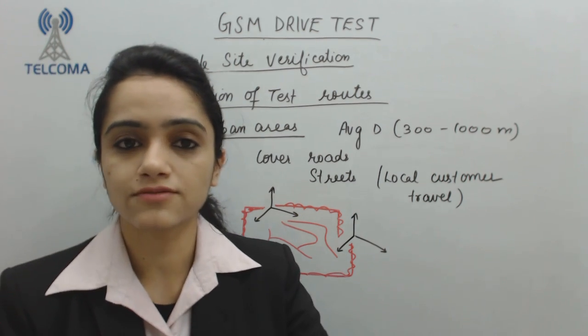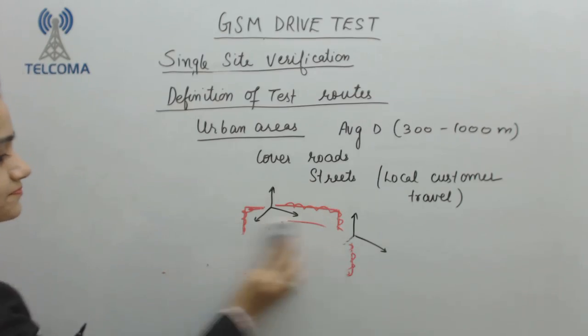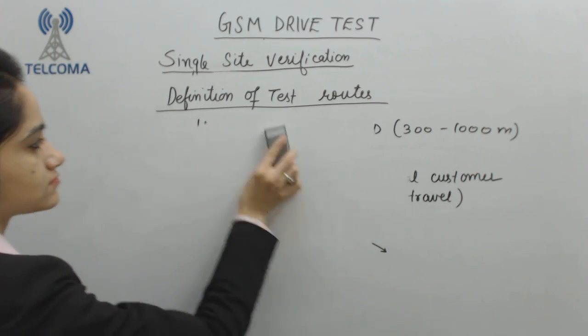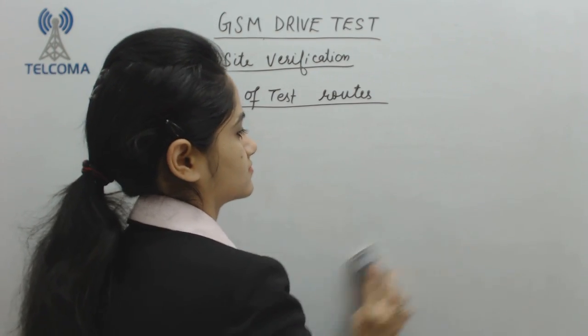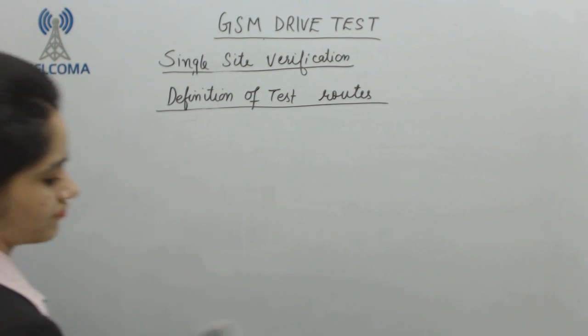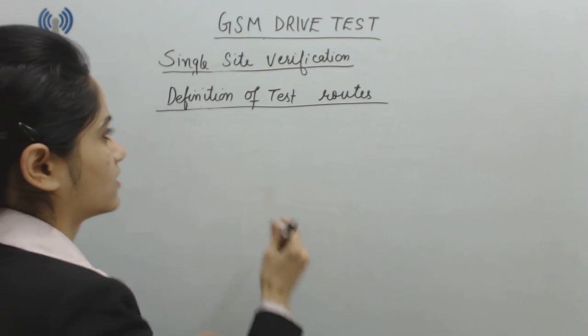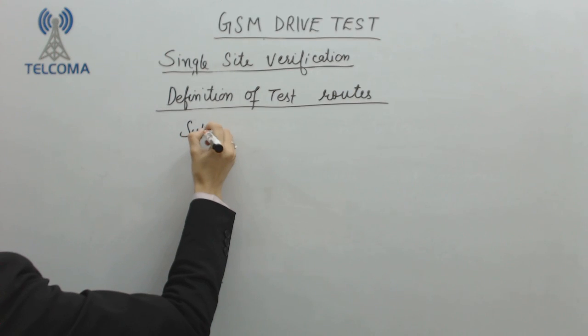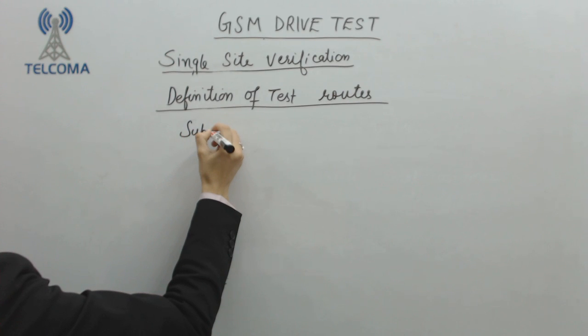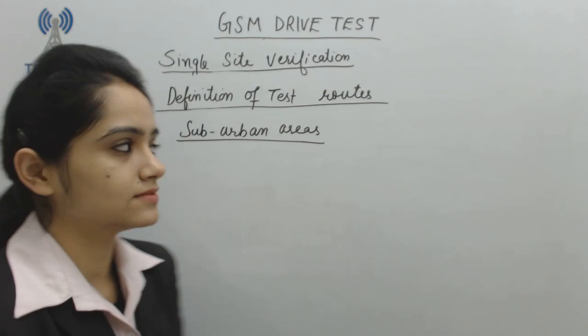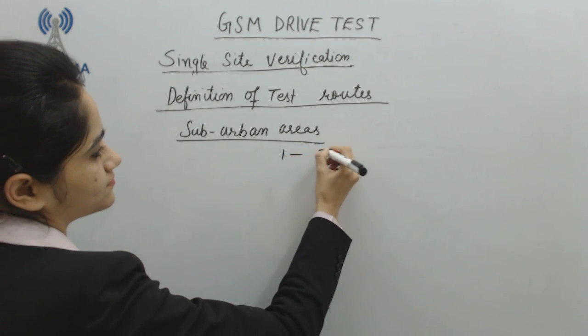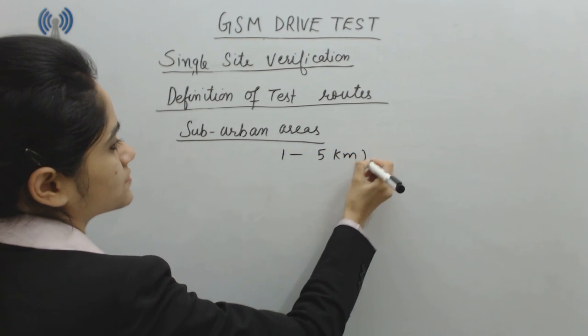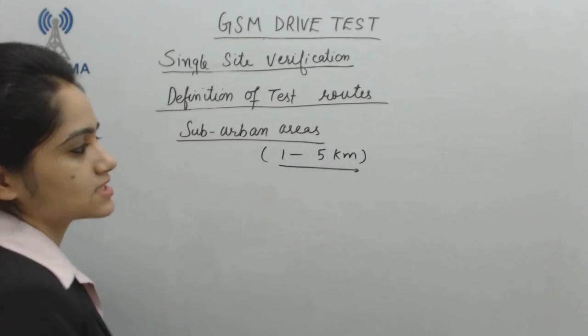Now let's move to the next, which is suburban areas. In suburban areas the average distance is 1 to 5 kilometers, because population density is less, so distance is more.